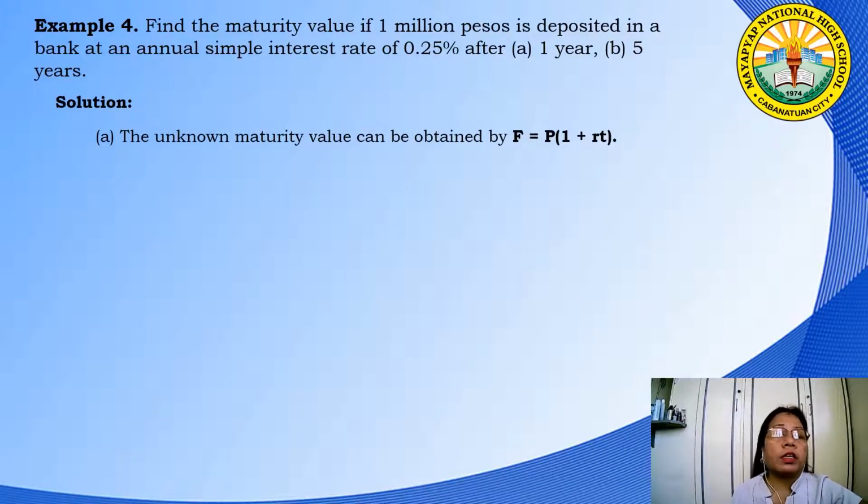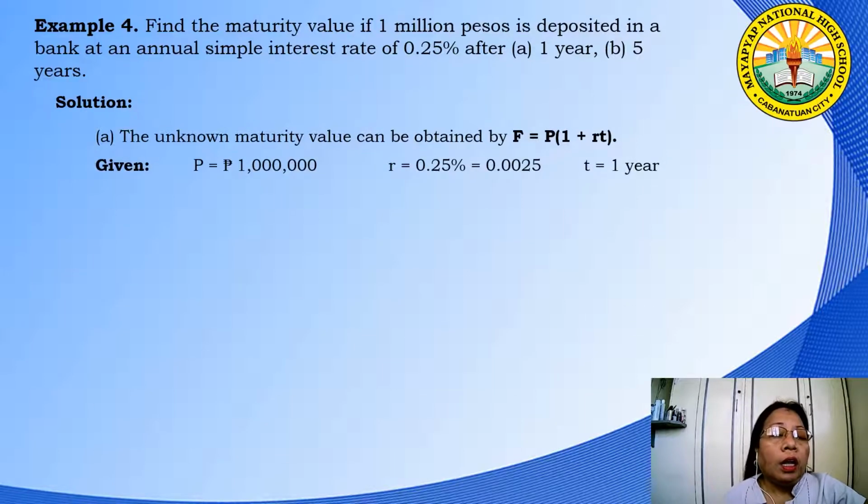So the given are P, 1 million pesos, then the rate of interest is 0.25%, which is converted to decimal equal to 0.0025, and the term is 1 year. So using this formula, F equals P multiplied by quantity 1 plus RT. So you replace all the given values.